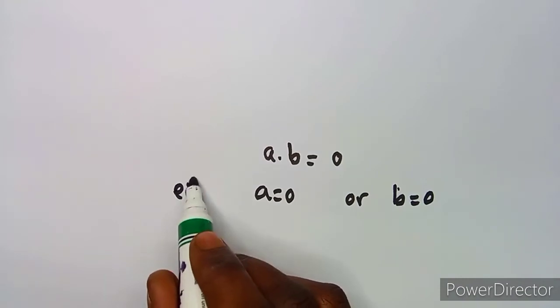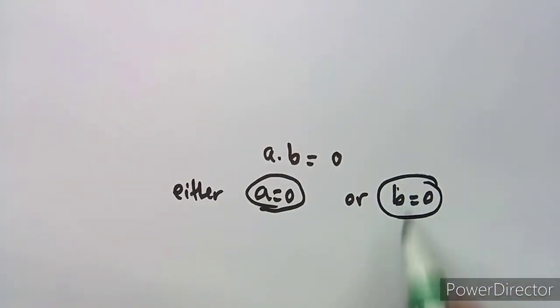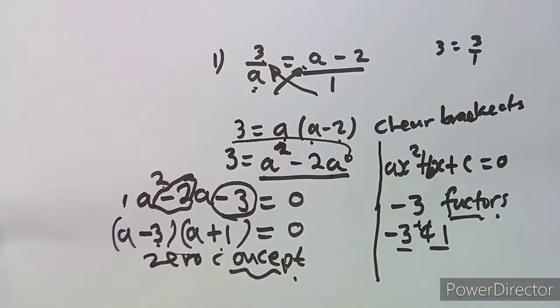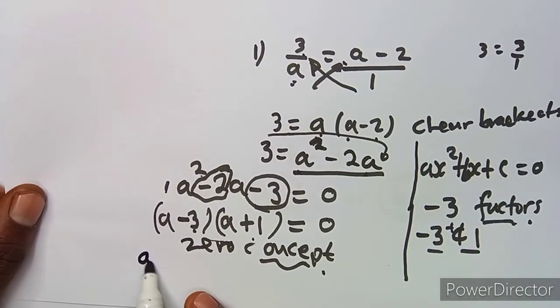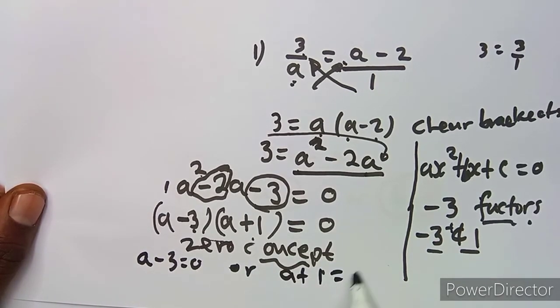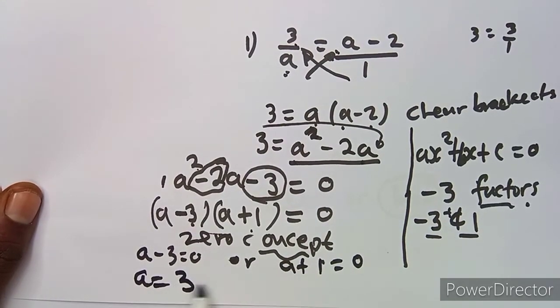Either one of these should give us a 0. So we can take that as an advantage, since these two are multiplying. So it's either a minus 3 is equal to 0 or a plus 1 is equal to 0. So you can solve for a. So a is equal to 3, or a is equal to minus 1.